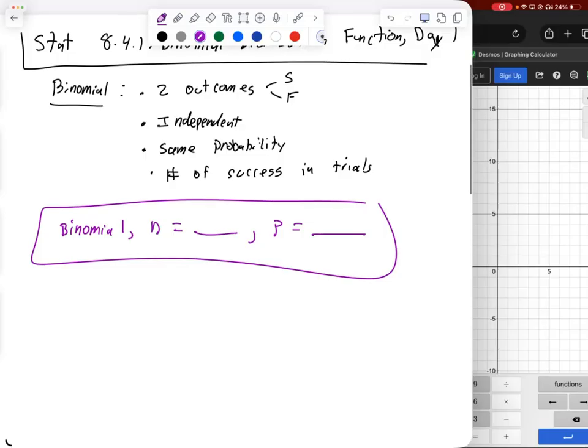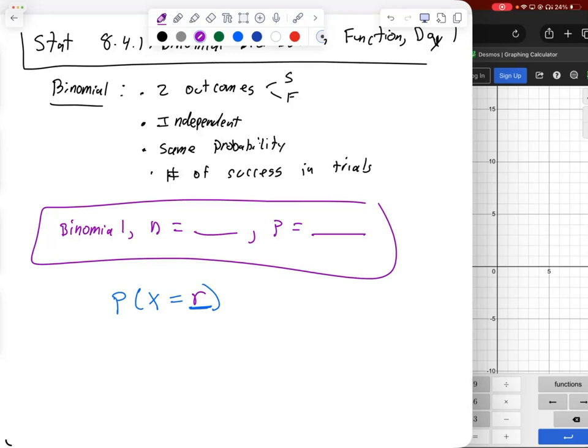We also know that we want to find the probability that x equals r. That's the other piece of information that we need to know. X equals blank, which is r. So n, p, and r are the values that we need to know.